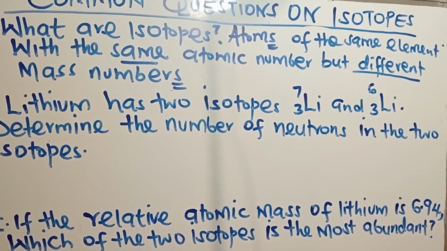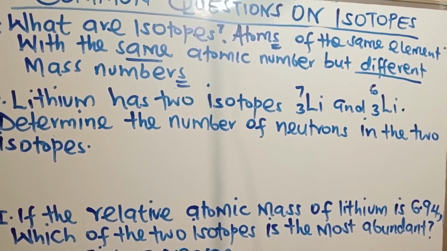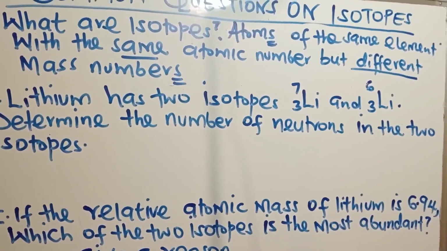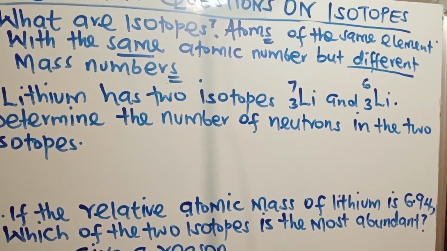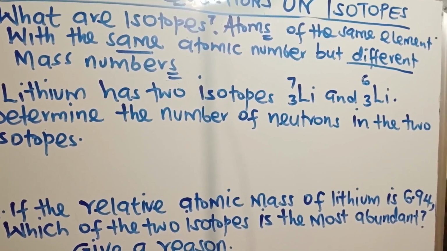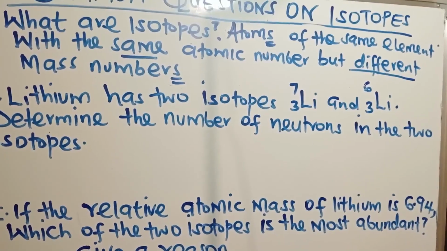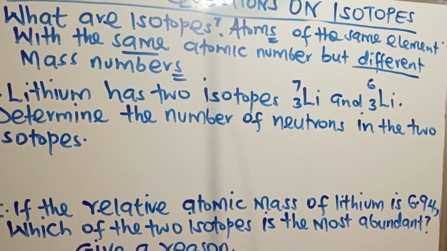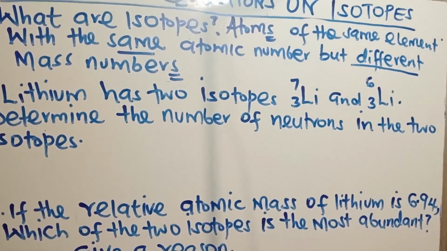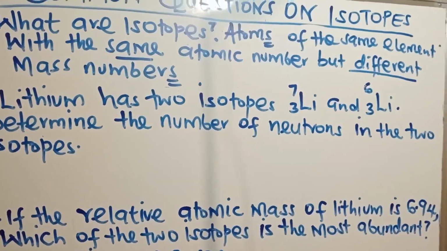And these atoms are of the same element. They have the same atomic number, not atomic numbers. It is just one atomic number, only that it is repeated to the different isotopes. And they have different mass numbers. There you must put an S.